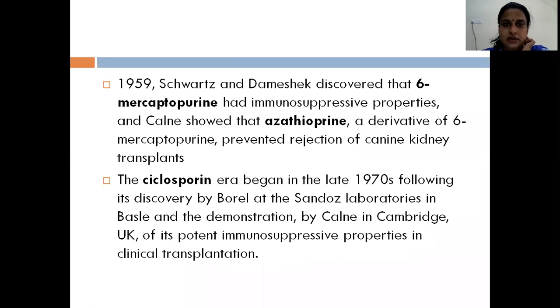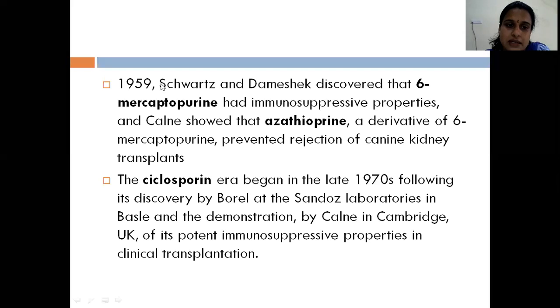Next, a very important milestone in transplantation history was the discovery of immunosuppressants, namely 6-mercaptopurine, and its main compound azathioprine. That was in 1959 by Schwartz and Dameshek. They had discovered the immunosuppressive properties of this agent in a canine kidney transplant.